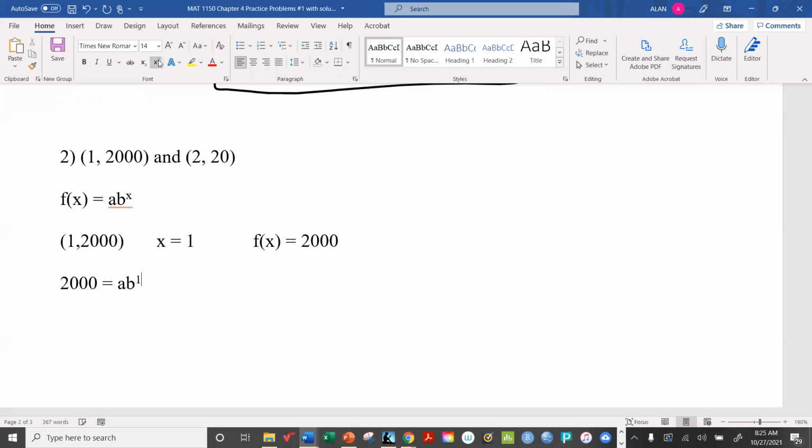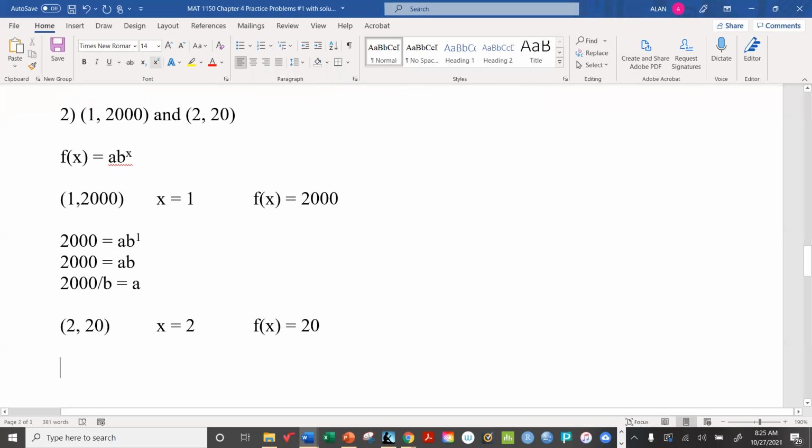All right, well, that makes things a little simpler because it just means that 2,000 equals ab, and we could choose to write this as 2,000 over b equals a. Now we're going to save that for substituting into the second one, (2, 20), which means that x is 2, f of x is 20, and therefore 20 equals ab squared.